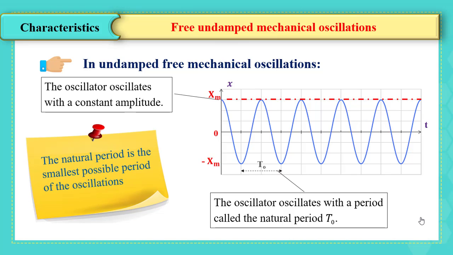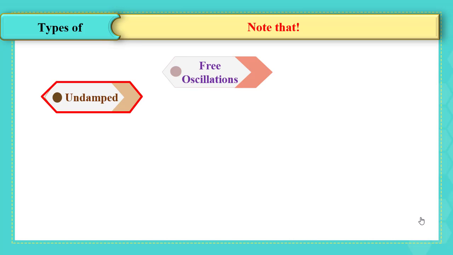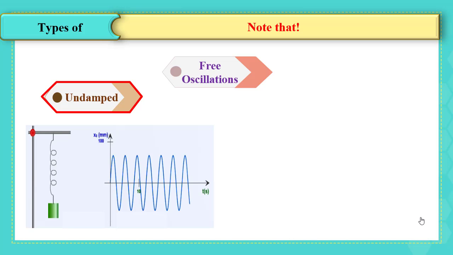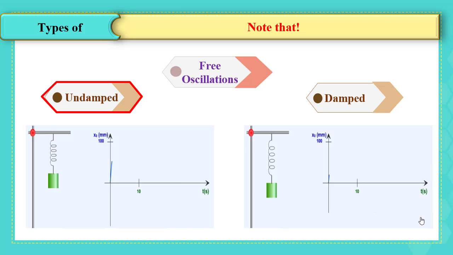The natural period is the smallest possible period of oscillations. Note that in this video, we are considering the undamped mechanical oscillations where the amplitude is constant. In this case, mechanical energy is conserved because there is no friction, no non-conservative forces. But it is good to know how the damped oscillation would be. In damped oscillations, because of the existence of non-conservative forces, mechanical energy is not conserved, and the amplitude decreases over time.